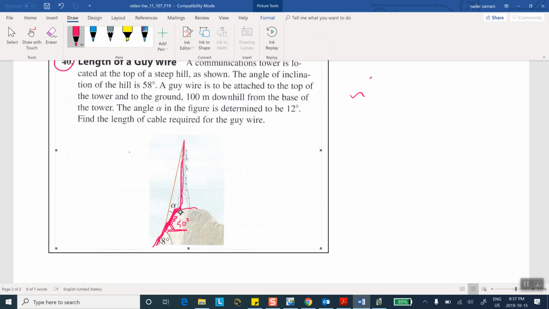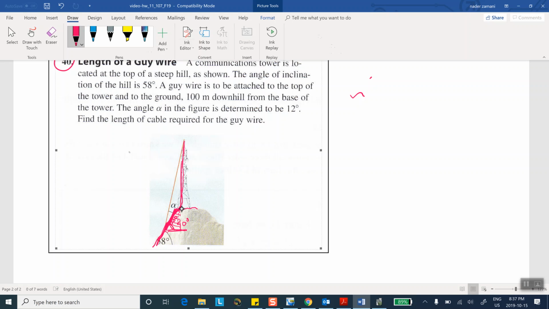And if you look at this right triangle, this one, I can find that height.